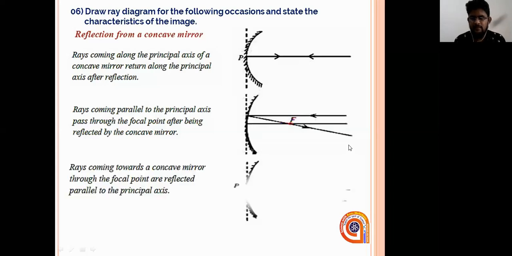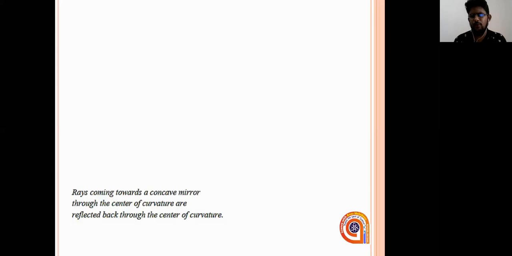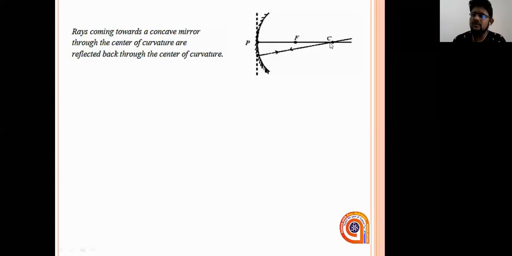And the third point, the opposite of that: if a ray is incident through the focal point, then it will move parallel to the principal axis. The fourth point is, if a ray comes along the center of curvature, P to F is the focal length, right? Like that, twice will be the distance from P to C.